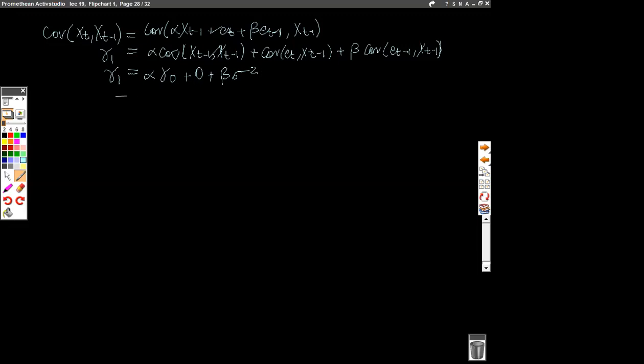Okay, so now what I have here is a gamma 1 which takes the value alpha times gamma 0 plus beta times sigma square.